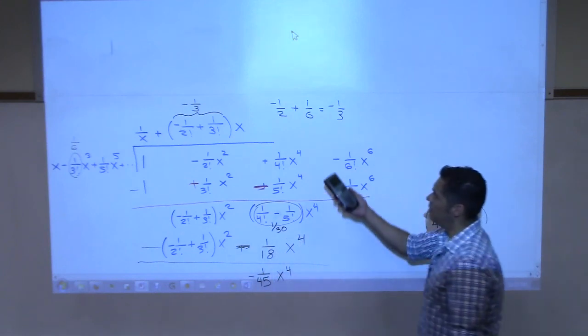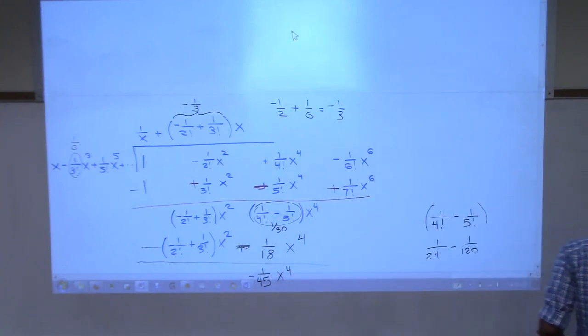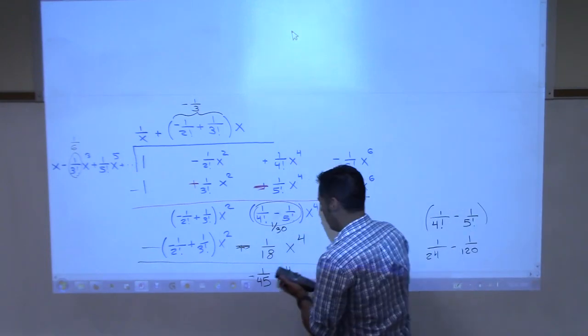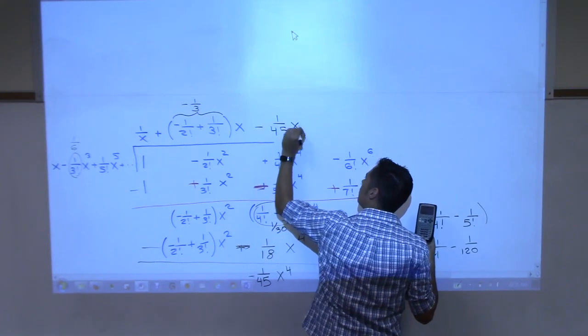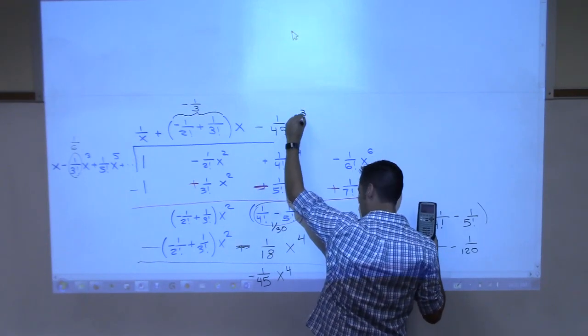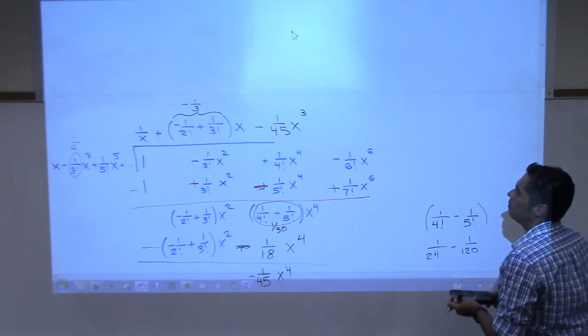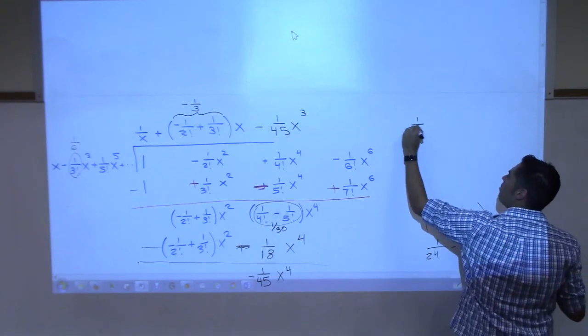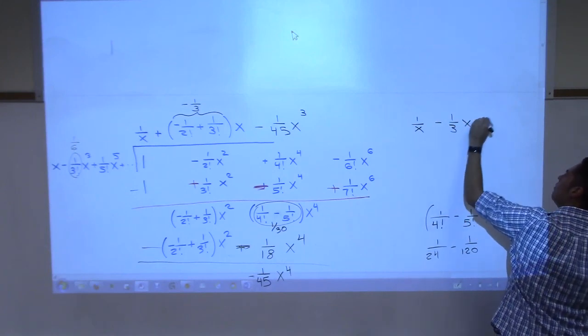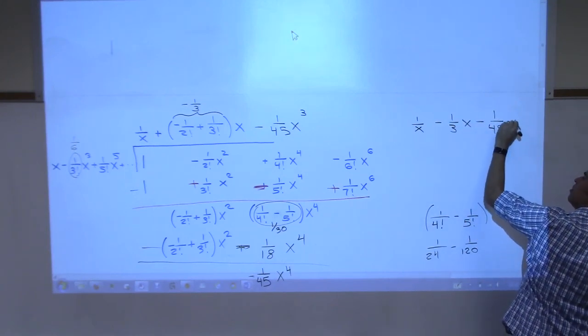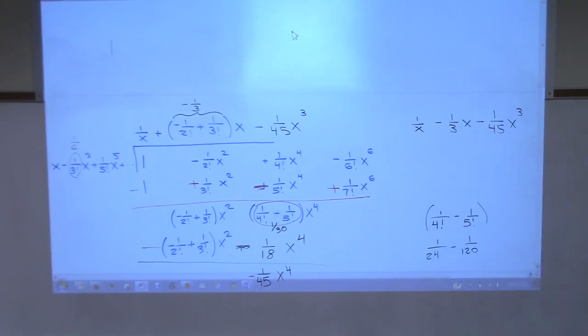So what do we do on the next one to make that happen? Up here we're going to have negative 1/45 x cubed. And there's your first 3 terms. You should have 1/x minus 1/3 x minus 1/45 x cubed, hopefully.